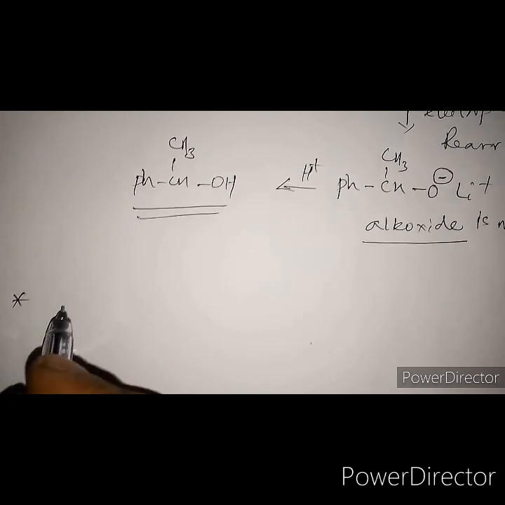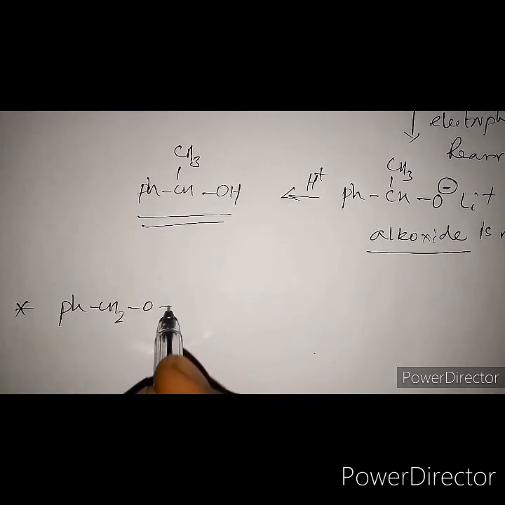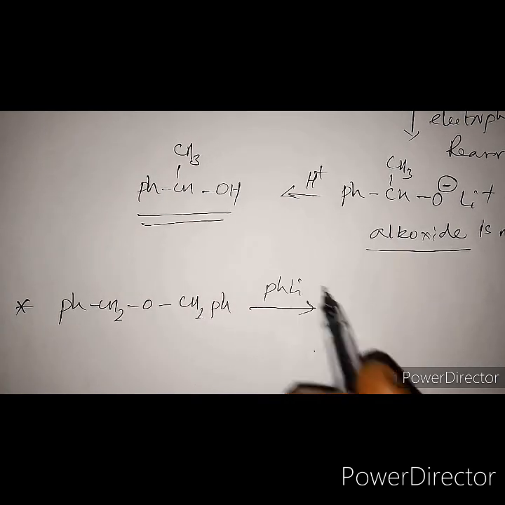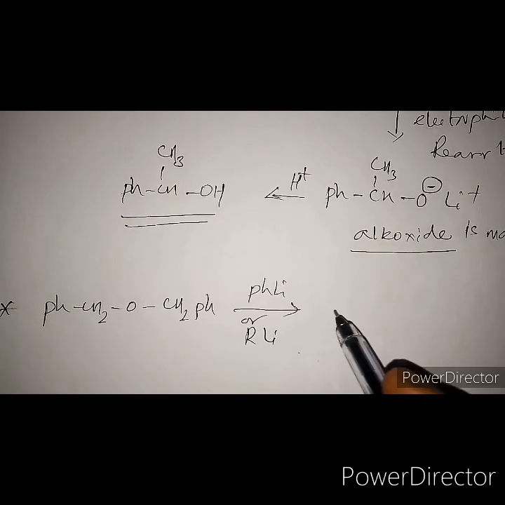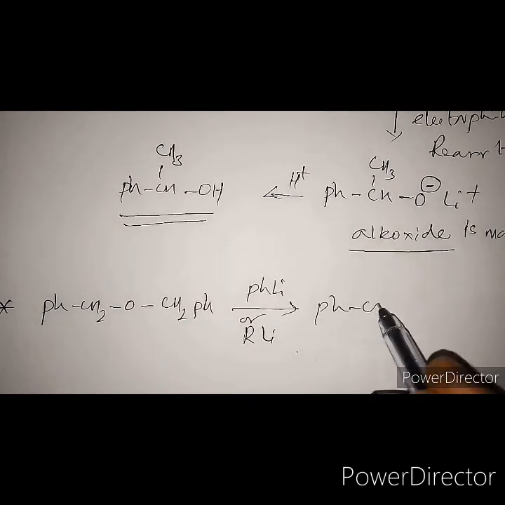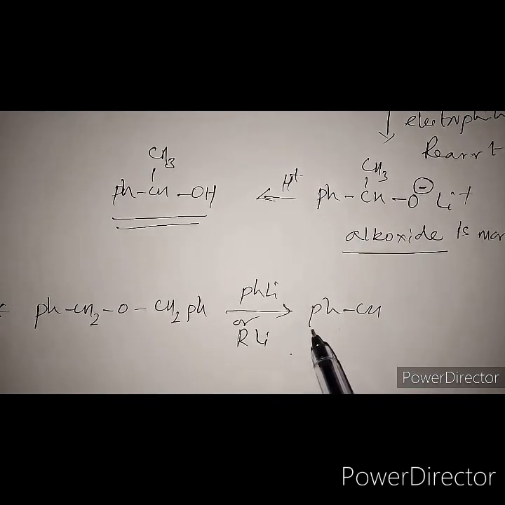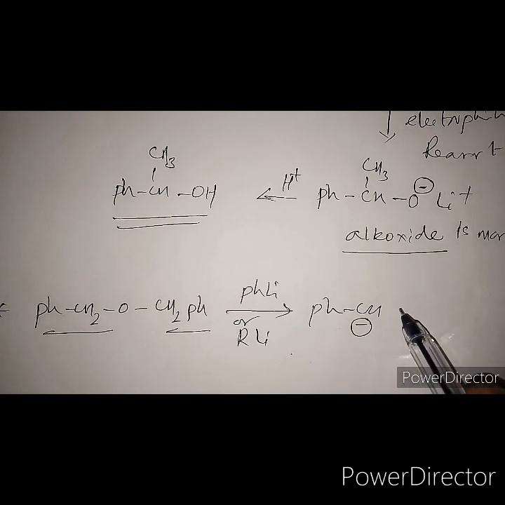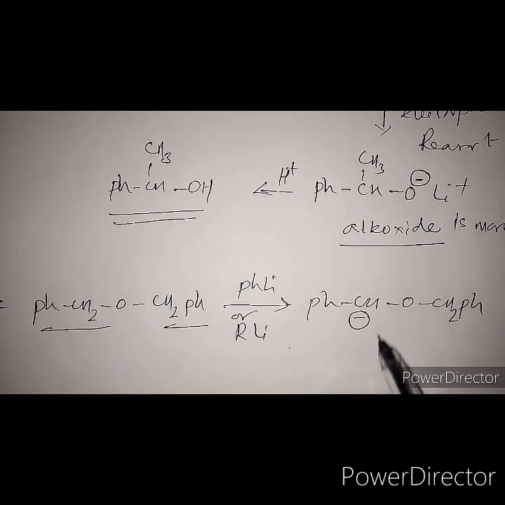Another example for this Wittig rearrangement reaction: PhCH2OCH2Ph, and phenyl lithium or any alkyl lithium you can use as a base. So you will get PhCH, because both are the same, abstract a proton in order to carry a negative charge, we will get CH2Ph.